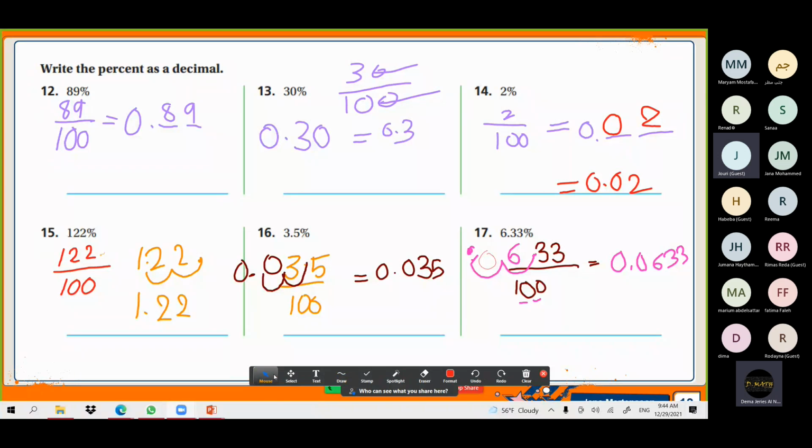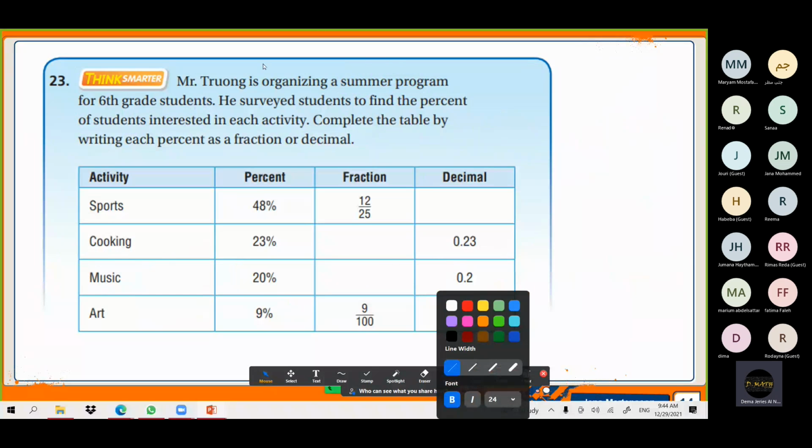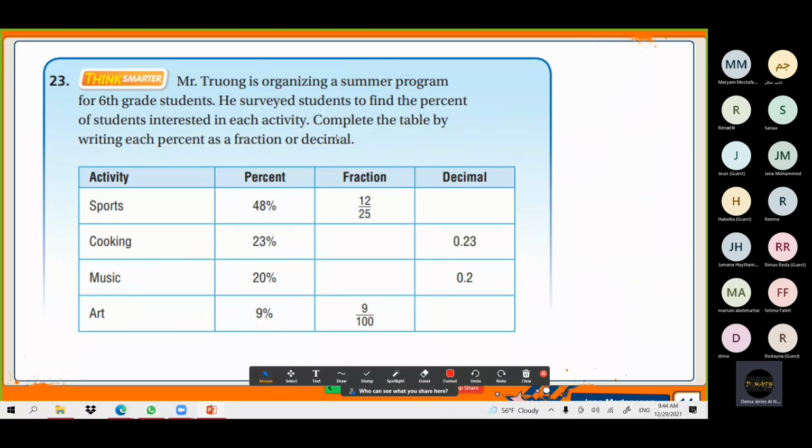Yes, teacher. No. 23. Here, this is page 278. This is a table about Mr. Trong organizing the summer program for 6th grade students. He surveyed students to find the percent of students interested in each activity.